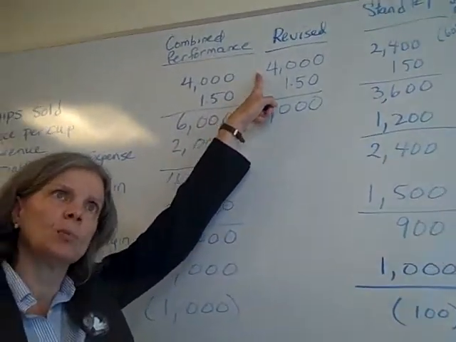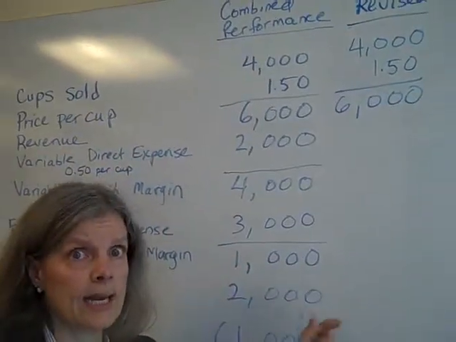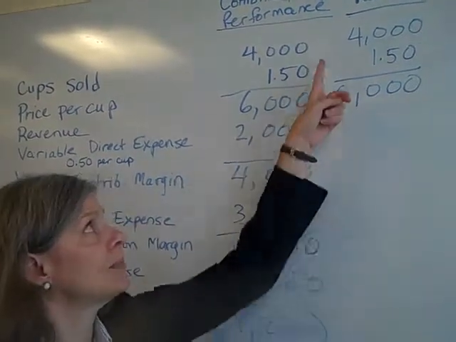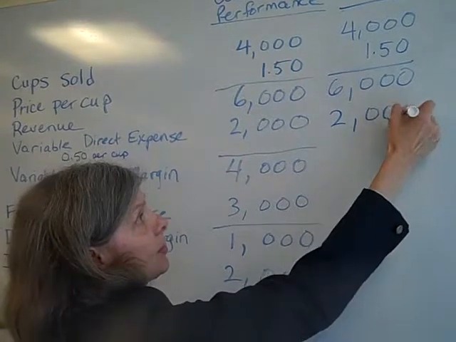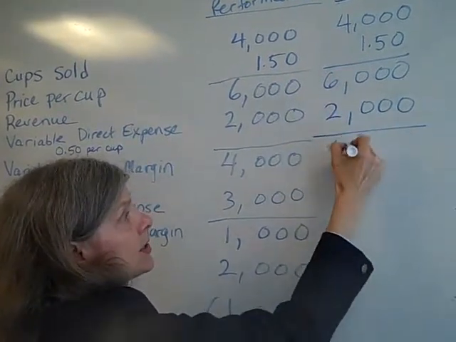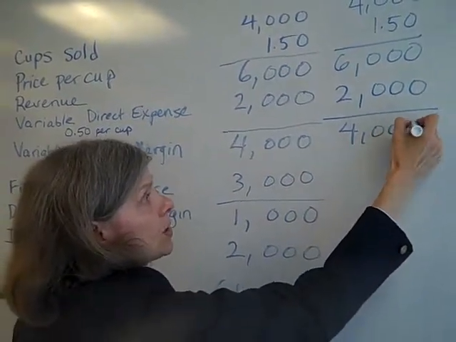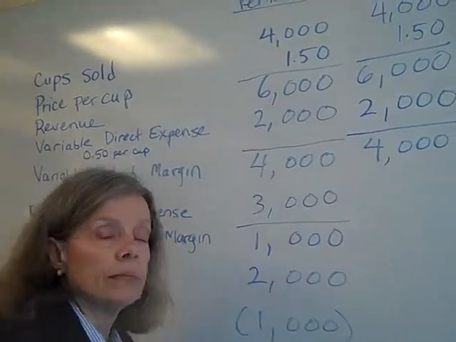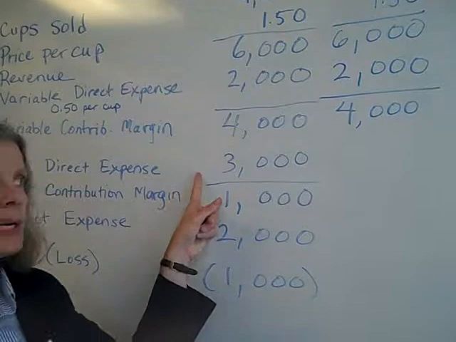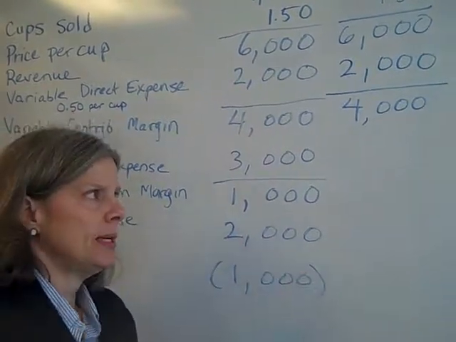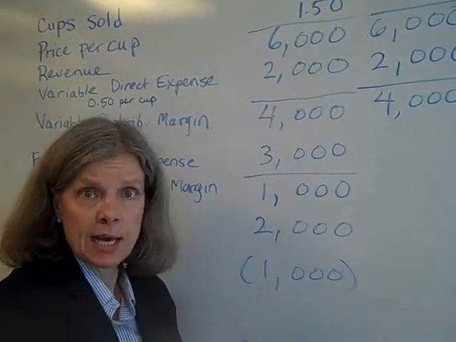Our variable cost per unit stays the same, 50 cents a cup times 4,000 cups is 2,000 in variable direct expense. So our variable contribution margin is 4,000. A positive number, we're happy.